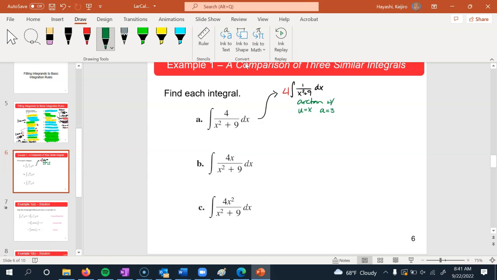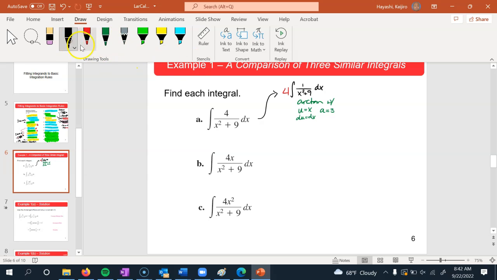Right, because what integrates into arctan is 1 over u squared plus a squared du. And no u substitution necessary, because if u is x, then du is dx, which I already have. I already have a dx up there. It's all there. I don't need to throw in any constants or take any out or anything like that.